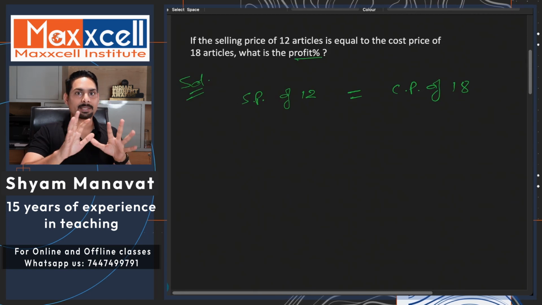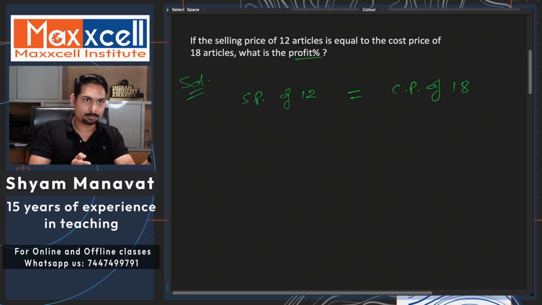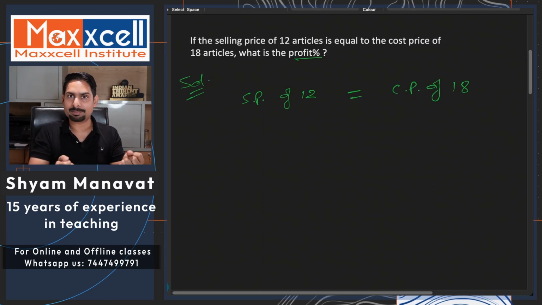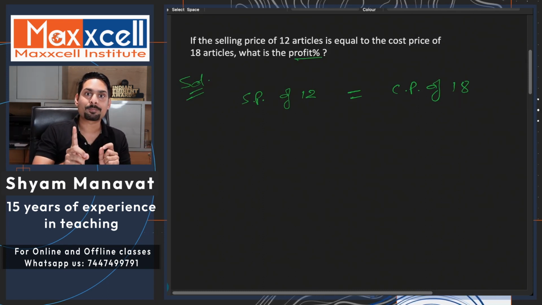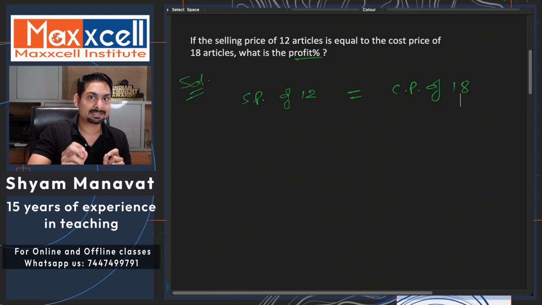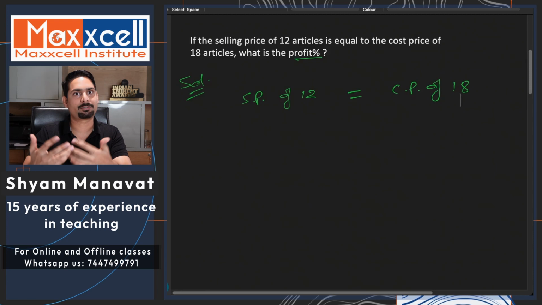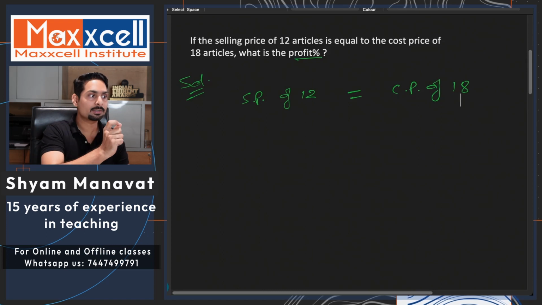Money wise you got equal money; you bought for 100 rupees and sold 12 articles for 100 rupees. So you have got your money back, but you still have 6 articles with you. You can sell them off and earn profit on that. So there is a profit, not in terms of rupees but in terms of articles.